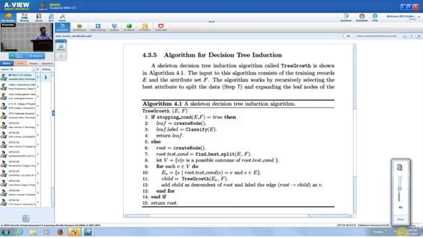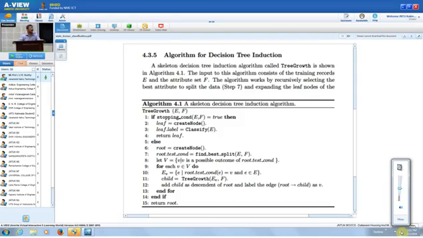We said if the stopping condition of E and F is true, where E is the training records set and F is the attribute set. So all the attributes are kept in F and all the training records are kept in E. That is how we have considered.